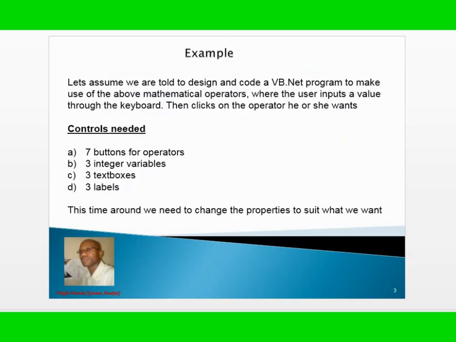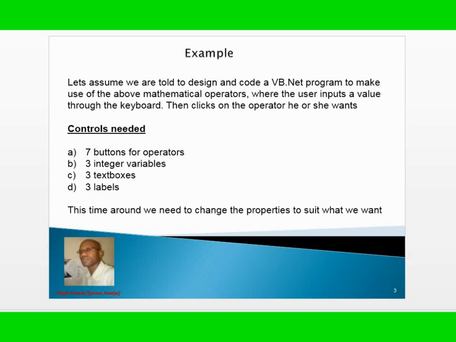Now the example reads, let's assume we are told to design and code a VB.NET program to make use of the above mathematical operators, where the user inputs a value through the keyboard, then clicks on the operator he or she wants.